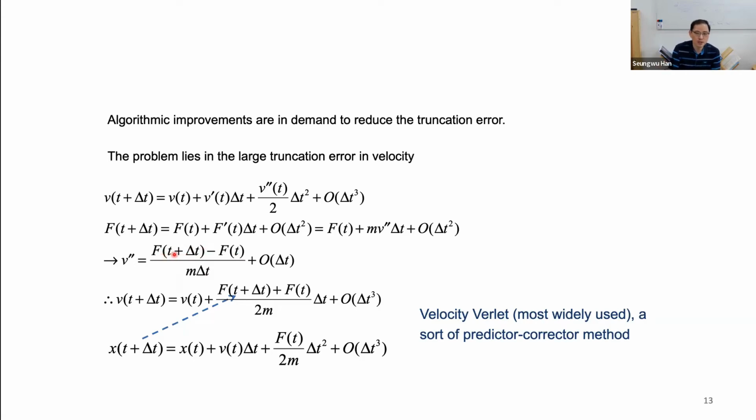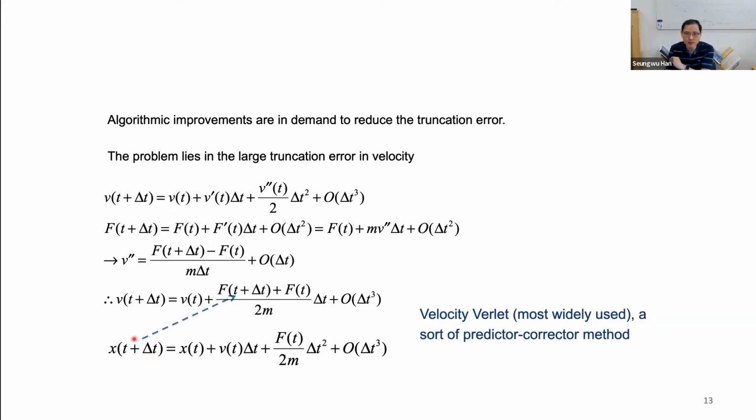Here we can overcome this because we can first predict the position. Then, using the current position, velocity, and also the force, which comes from the position, and using this expression, we can estimate the position in the next step.